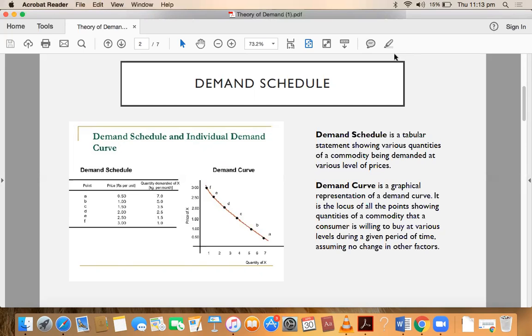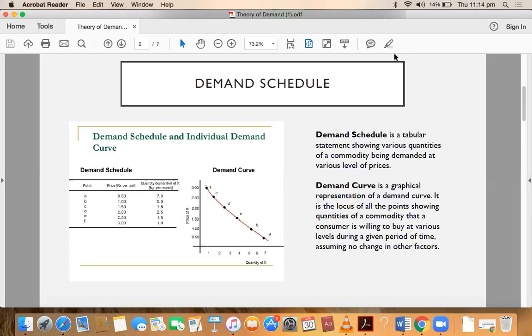At the price of rupees 1.50, the demand of the commodity is 3.5 units. At the price of rupees 2, the demand of the commodity is 2.5 units. At the price of rupees 2.50, the demand of the commodity is 1.5. At the price of rupees 4, the demand of the commodity is 1 unit.